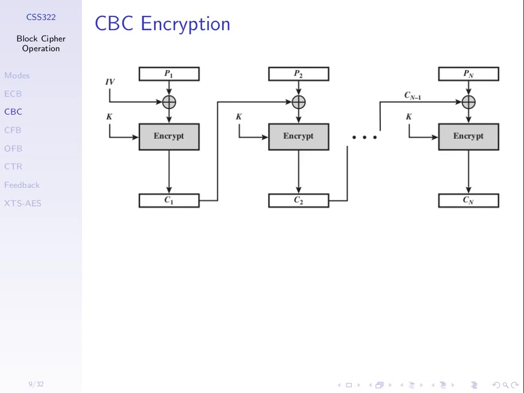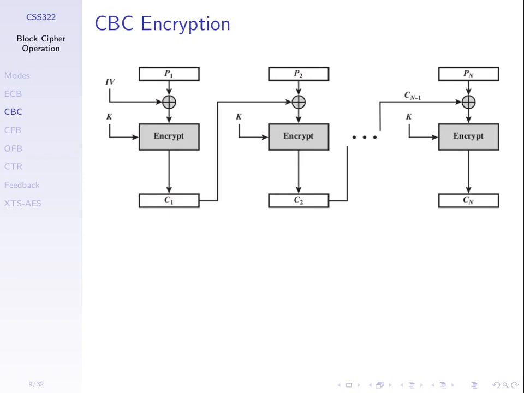We should get a random output. With our strong cipher, the output here will be random. So C1 is random. Now XOR C1 with P2 and then encrypt that and so on until we get our n ciphertext blocks and just combine them to get our resulting ciphertext.